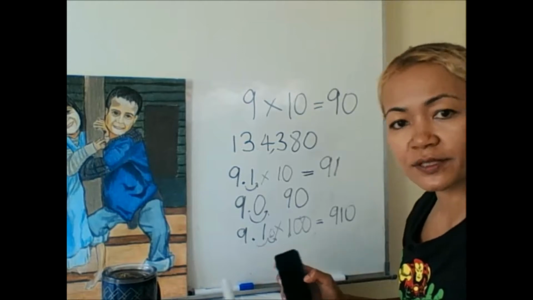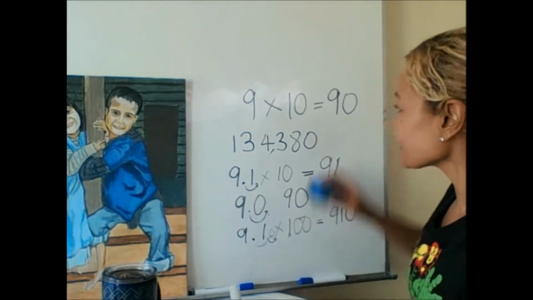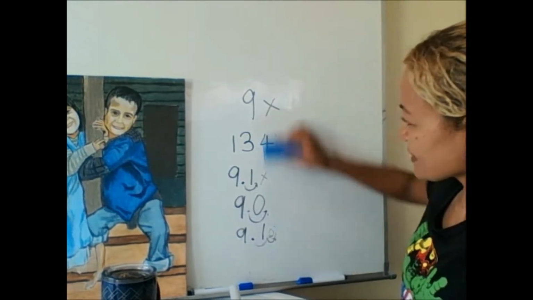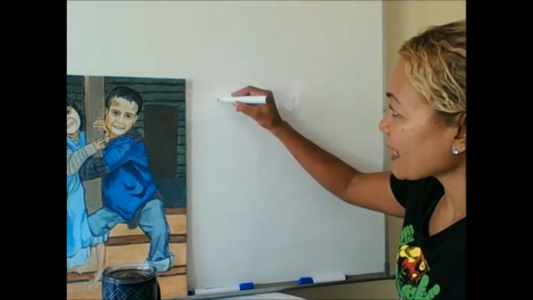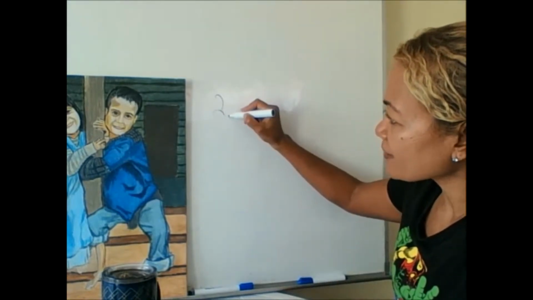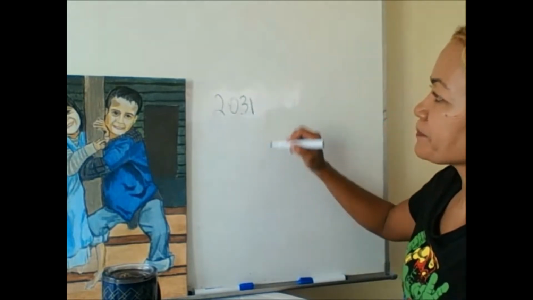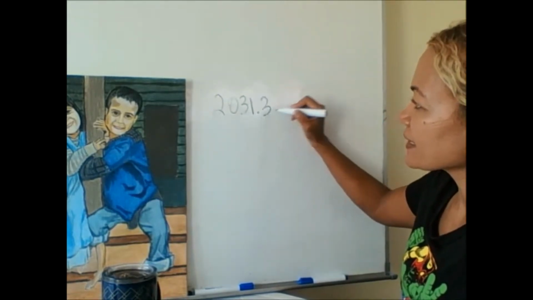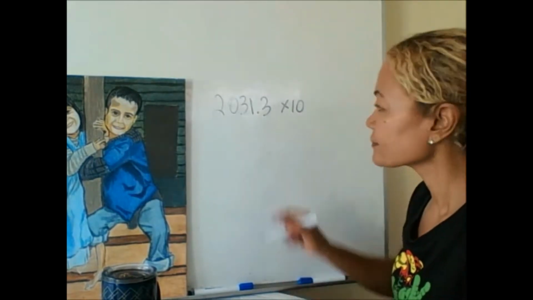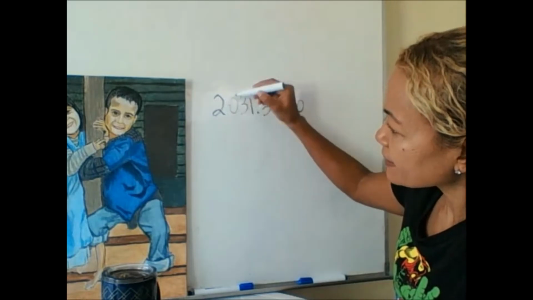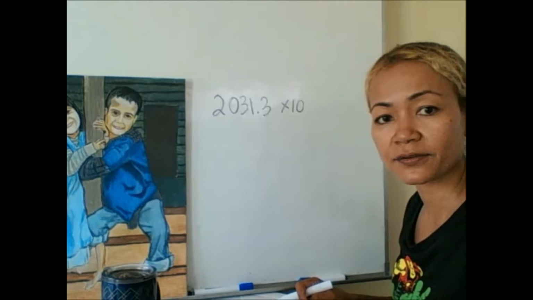Okay? What if we were to quickly work through just a few other examples? Okay, so what if we had 2031.3 times 10? Is that number dark enough? Okay, 2031.3.